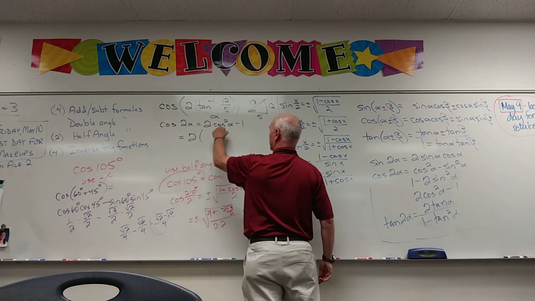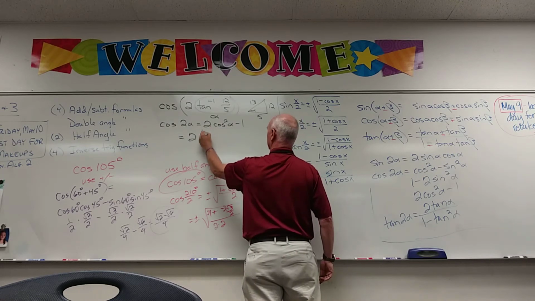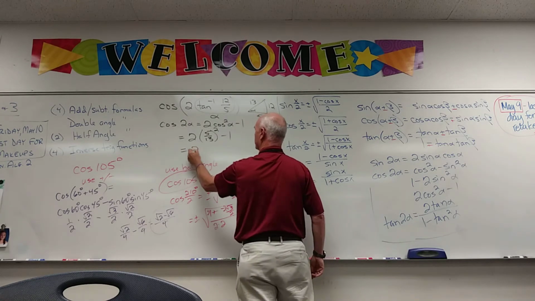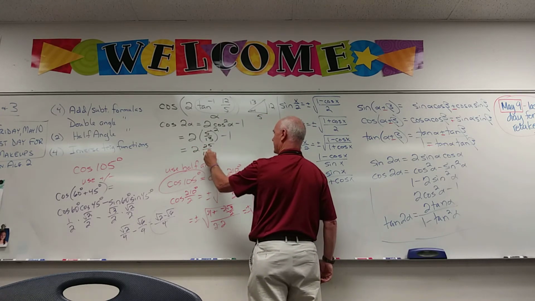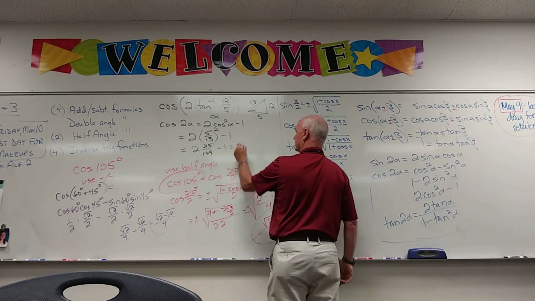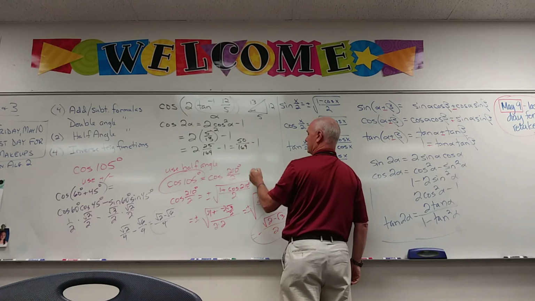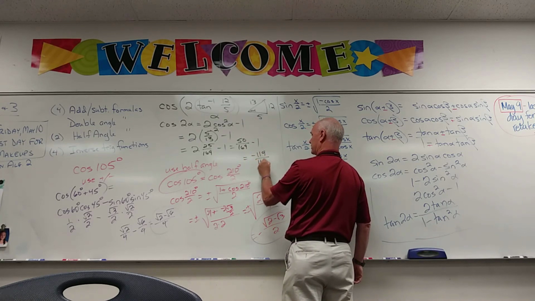So the cosine of alpha is 5 over 13, squared. 2 times 5/13 squared is 50 over 169, minus 1, which gives us negative 119 over 169.